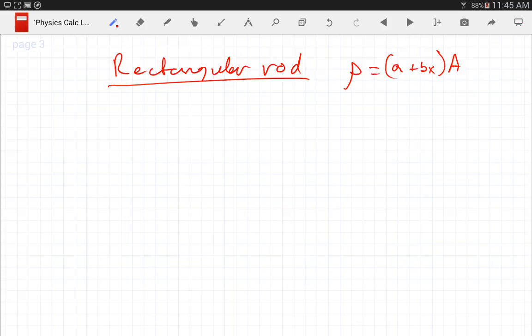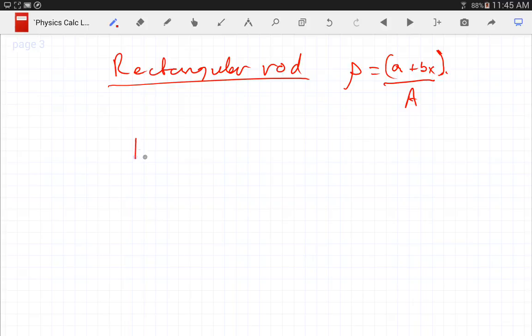Not multiplied by, divided by capital A. Mistake. So my density is the linear density divided by the area to get the volumetric density.